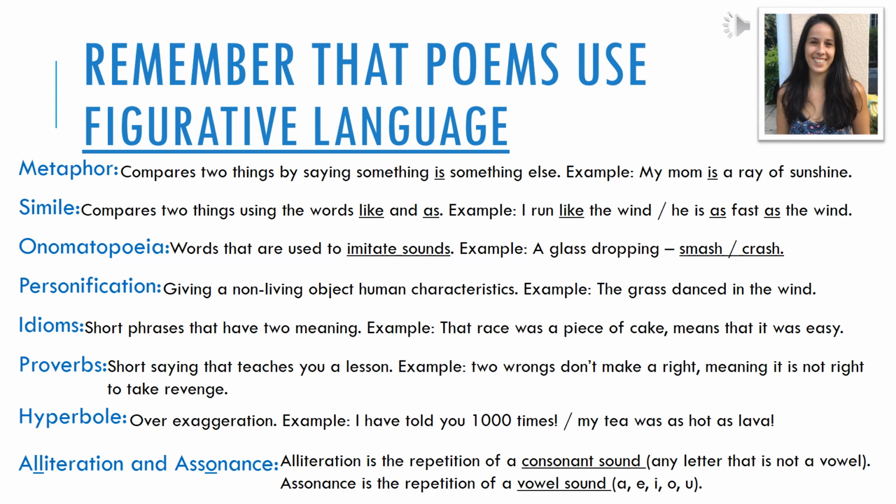Let's first look at a metaphor. Metaphors compare 2 things by saying something is something else. That word is very important because we're going to use it in our sentences and examples. For example, my mom is a ray of sunshine. Now, if we look at literal and figurative meaning, the literal meaning of that sentence is that my mom is not a person.